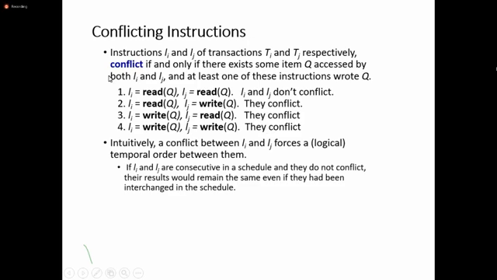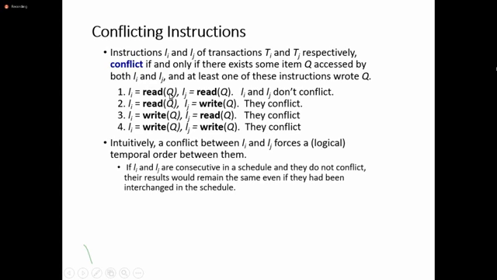Now, conflict instructions. We have two instructions, Ii and Ij, of transactions Ti and Tj respectively. They conflict if and only if there exists some item Q accessed by both.